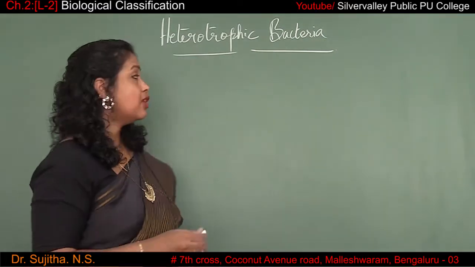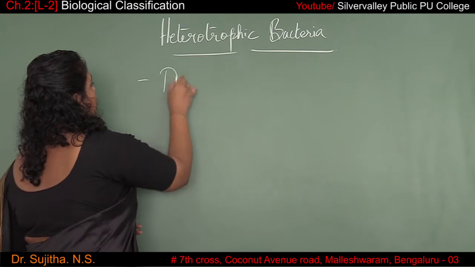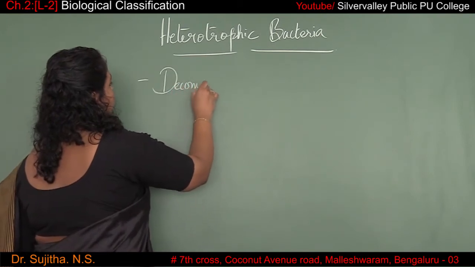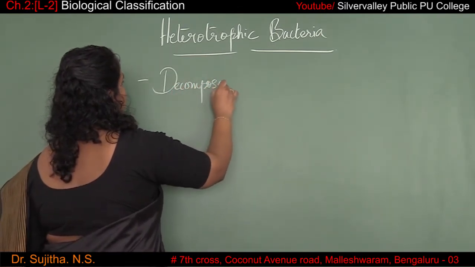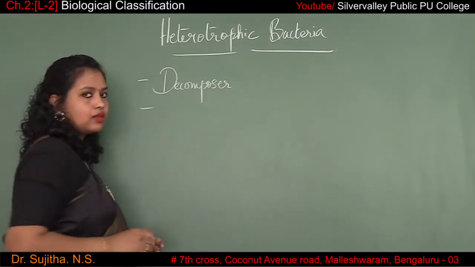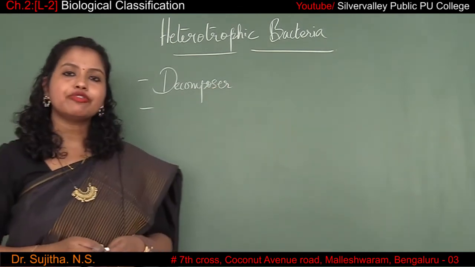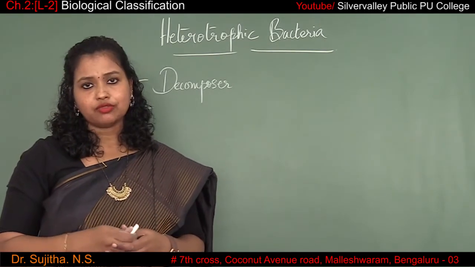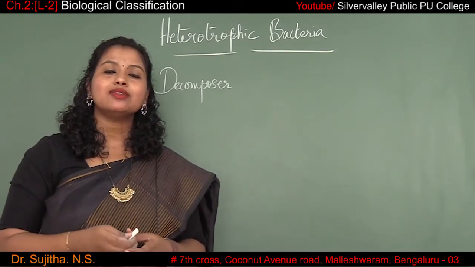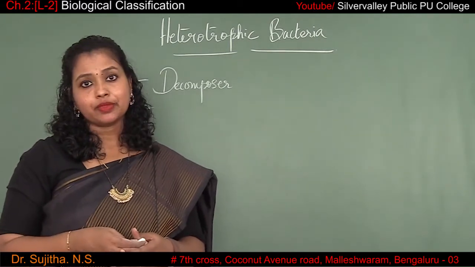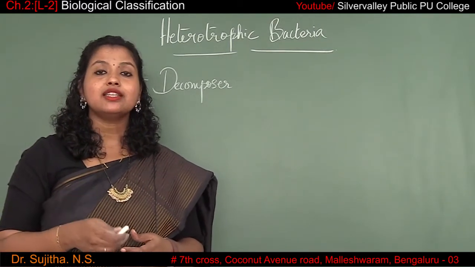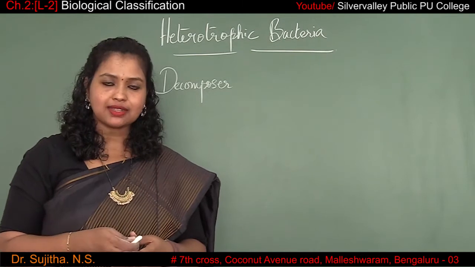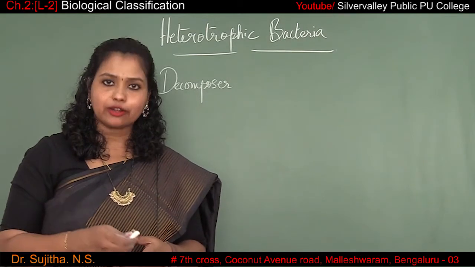So they play a very important role as decomposers. And heterotrophic bacteria are of many uses. First of all, they are used to convert milk into curd. They are also present in the roots of the legume plants in order to fix nitrogen.